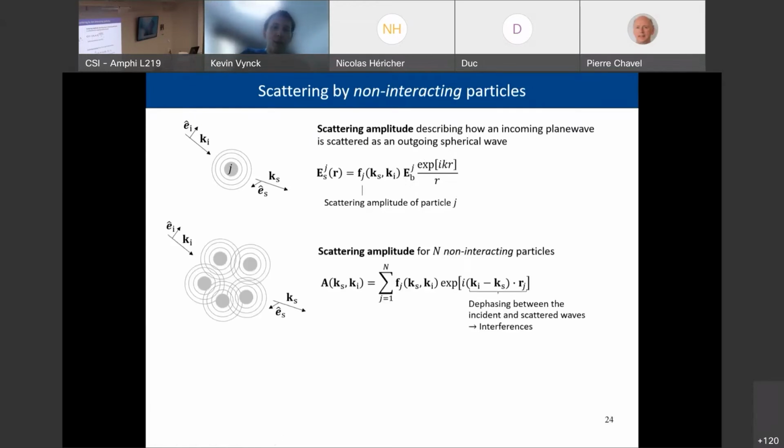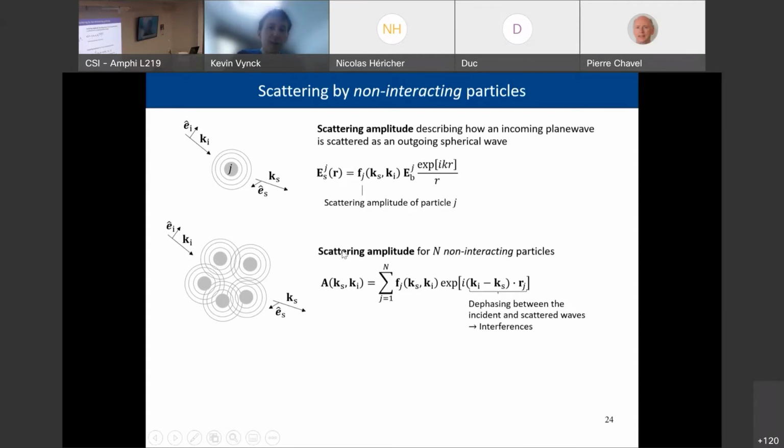Now, if I have an assembly of particles, and I suppose that the particles are not interacting together, so I will come back to this point, but basically that means that each particle is seeing the incident field as the source.